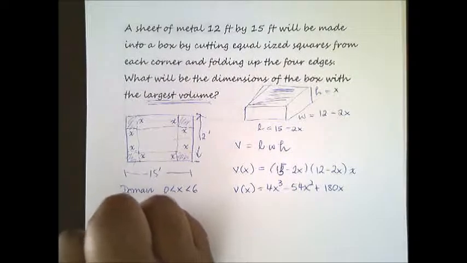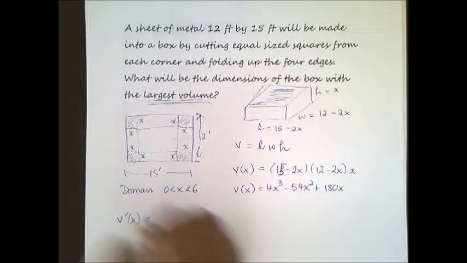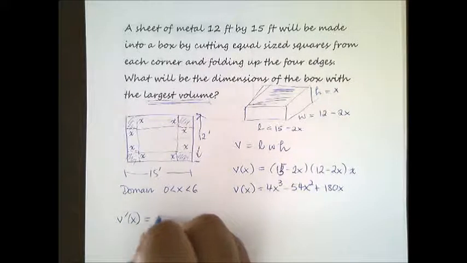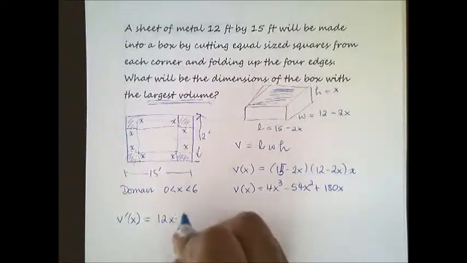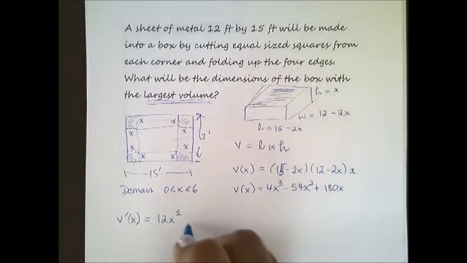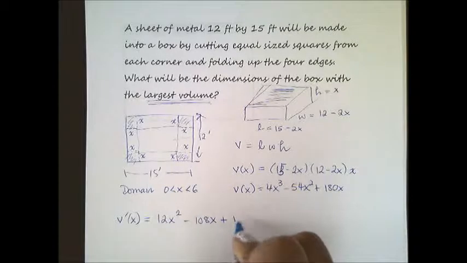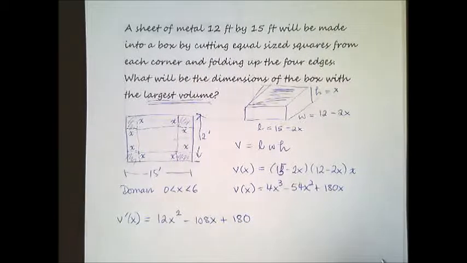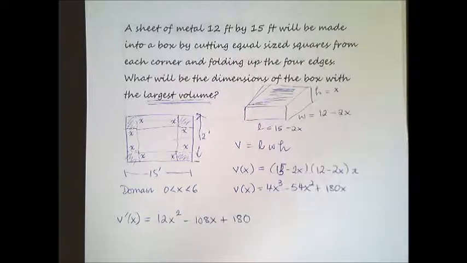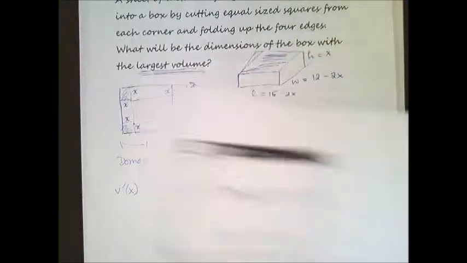So V prime of x is equal to 12x squared minus 108x plus 180. That's V prime of x. And remember that x is going to be between 0 and 6. Now, I've worked this out ahead of time, so I already know this doesn't factor. So I'm going to go ahead and go to a graph of the derivative function.